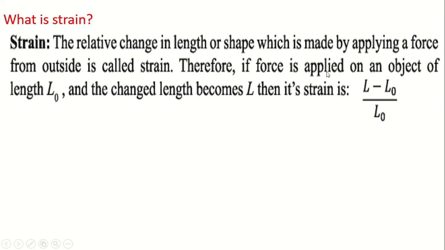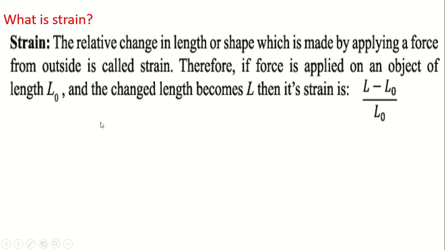Therefore, if force is applied on an object of length L0 and the changed length becomes L, then its strain is (L minus L0) by L0. That means strain is the ratio between the change in dimension and the original dimension. Here, the change in length is L minus L0 and the original length is L0. So the ratio between the change in length and the original length is called strain.